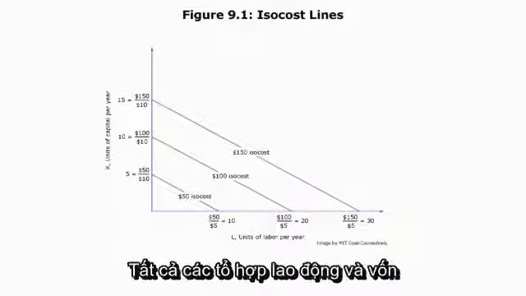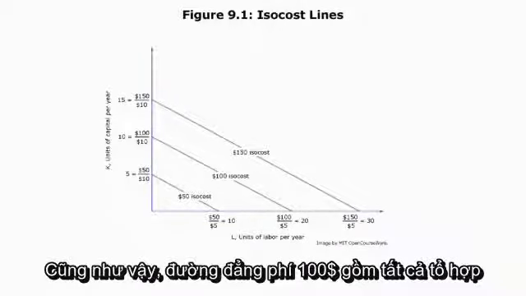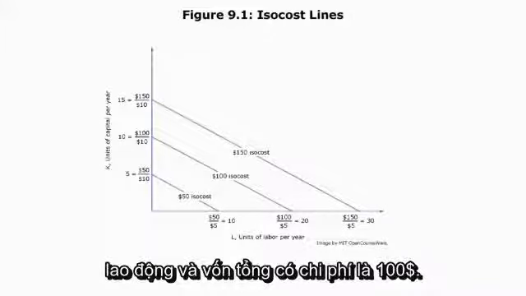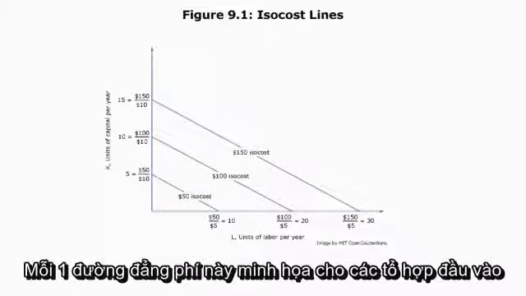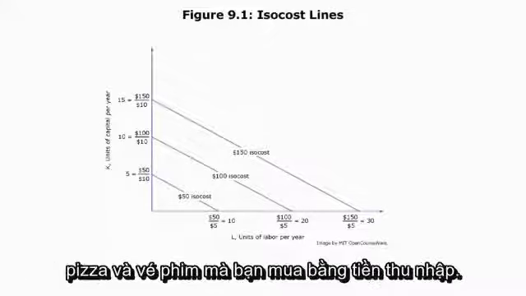Likewise, the $100 iso-cost is all combinations of labor and capital that cost $100. So each of these iso-costs gives you the combination of inputs that cost a certain amount, just like a budget constraint gave you the combination of pizza and movies on which you spent your income.